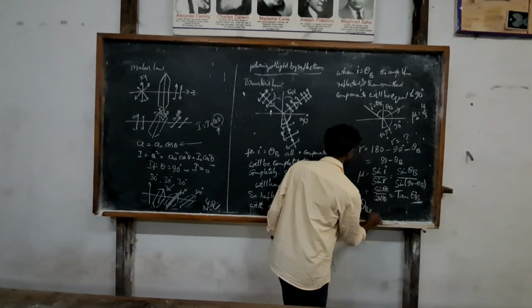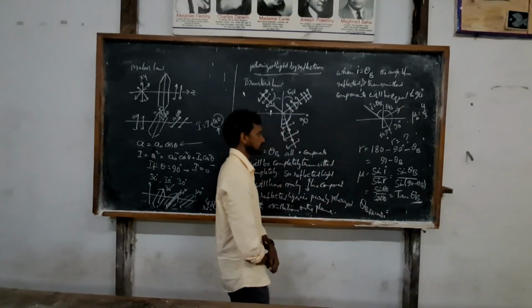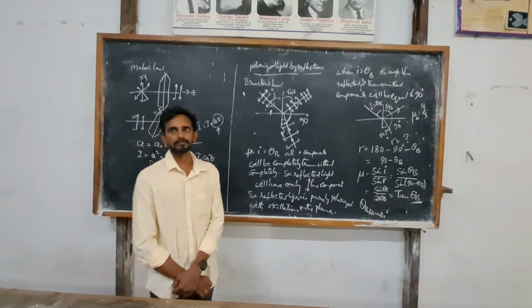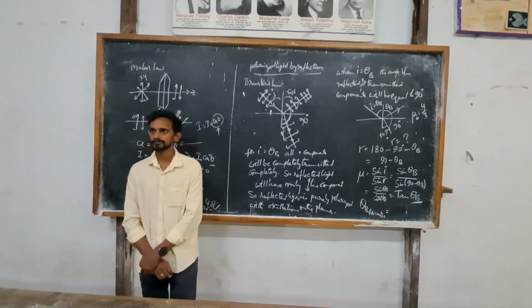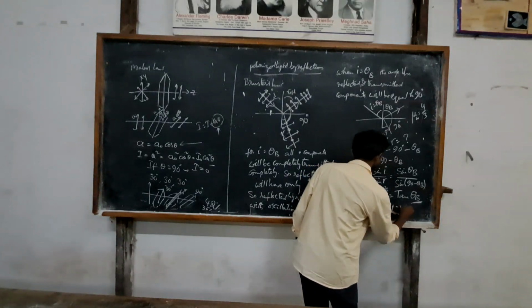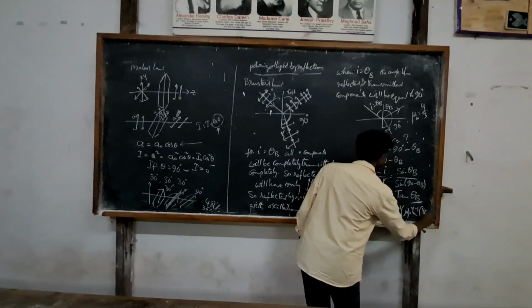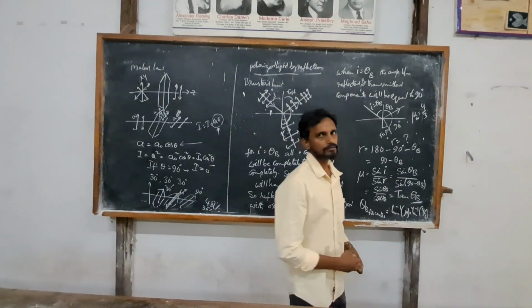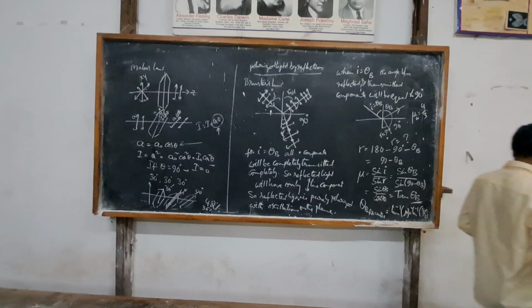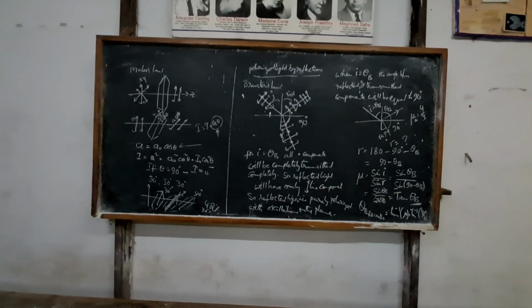Theta b for water. It is tan inverse mu, tan inverse 4 by 3. What is that number? So what do you get?